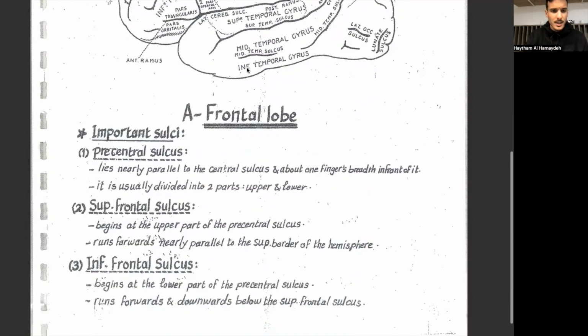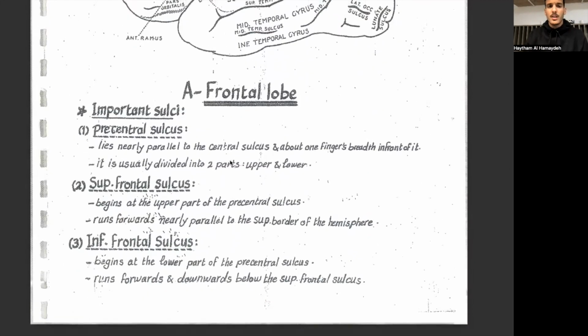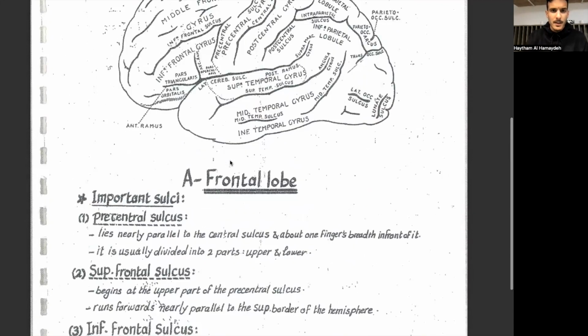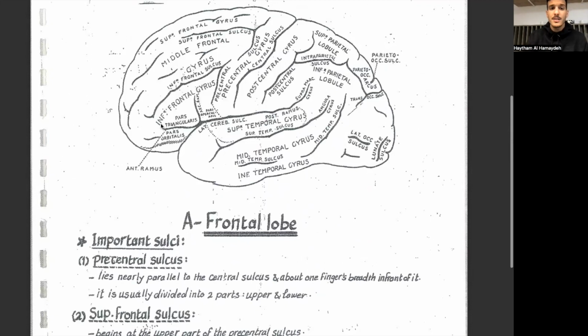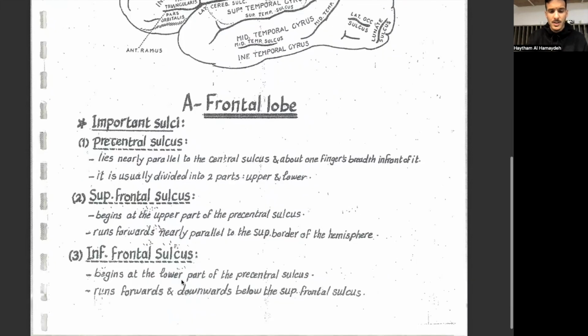The next important sulcus is the inferior frontal sulcus. The inferior frontal sulcus separates the inferior frontal gyrus from the middle frontal gyrus, and begins at the lower part of the precentral sulcus, running forward and downwards below the superior frontal sulcus.